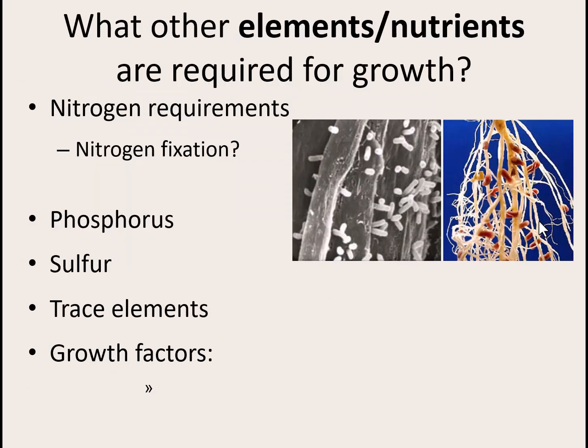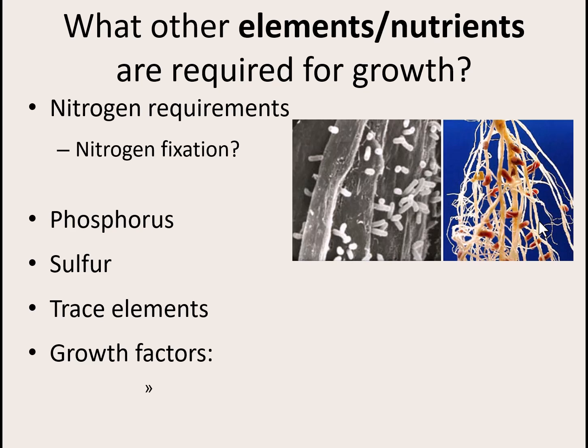Now, some other elements that bacteria need is nitrogen, and a lot of bacteria can do what's known as nitrogen fixation, which means they can take unusable nitrogen, such as nitrogen gas that's in the air all around us, and turn it into a usable form like ammonia.